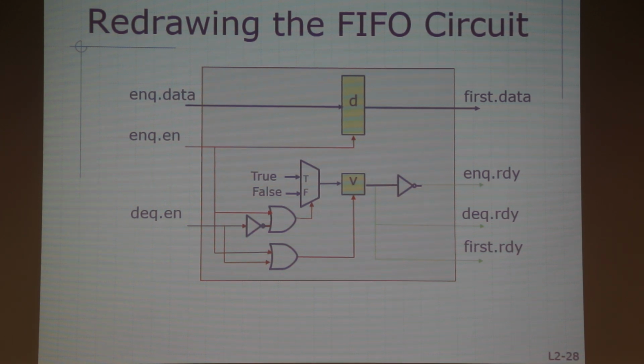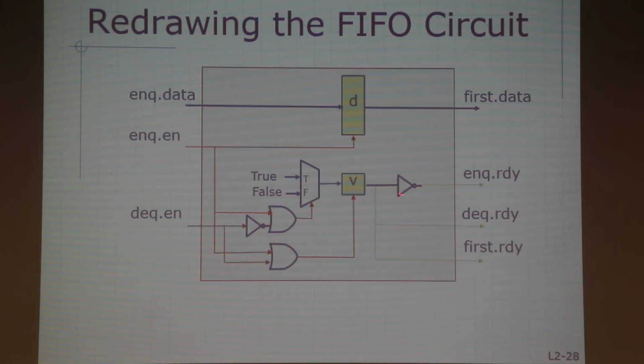Are these the inputs to the FIFO module? Obviously, these are the inputs, right? Whether to NQ, whether to DQ. Obviously, you have to supply the data. What are the outputs? Data comes out, right?